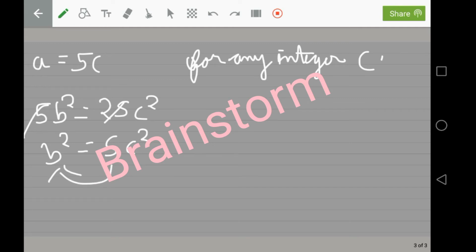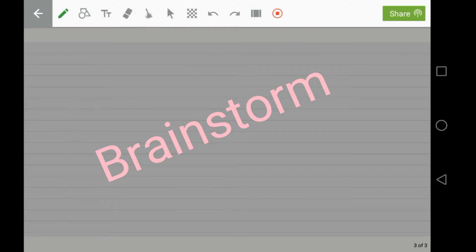But since we wrote that a and b are co-primes, this should not be possible. Hence our assumption is wrong, and we must write that root 5 is irrational.